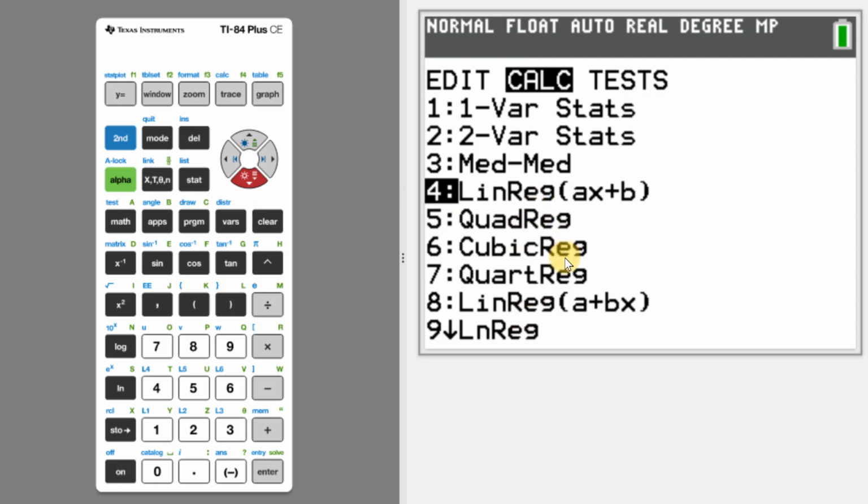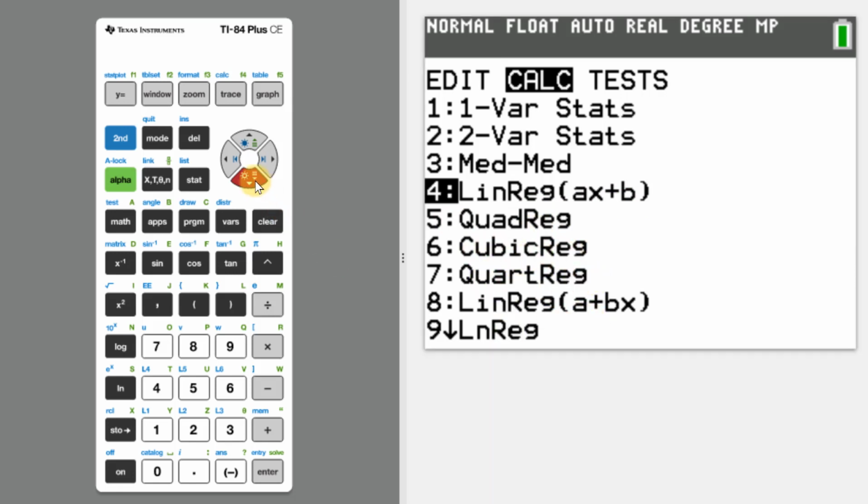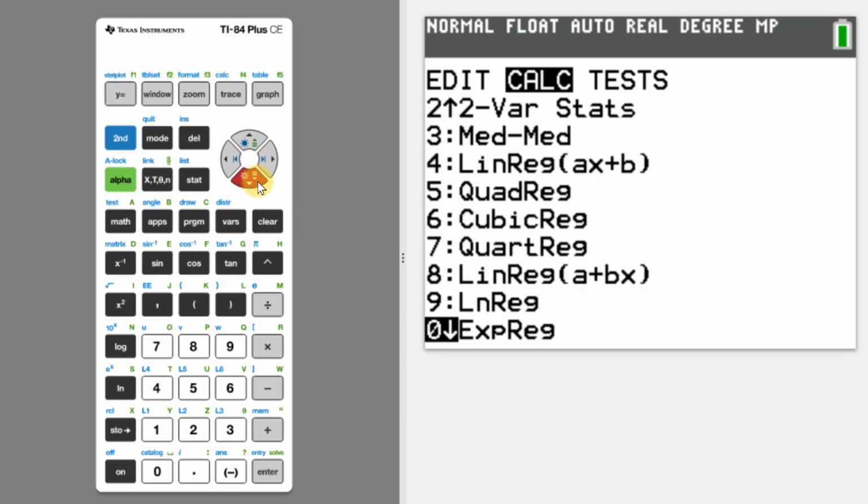This REG is regressions. We have linear regression, which has ax plus b, or mx plus b as we think of slope-intercept form. We have quadratic, cubic, quartic regressions, and so on. We even have natural log regressions, exponential regressions. Right now we're just going to use the fourth one, linear regression.